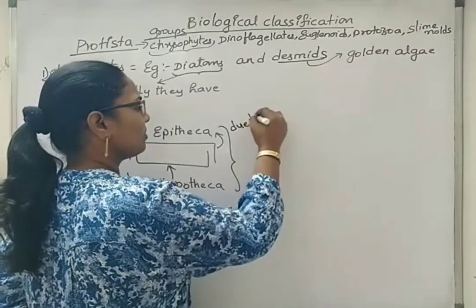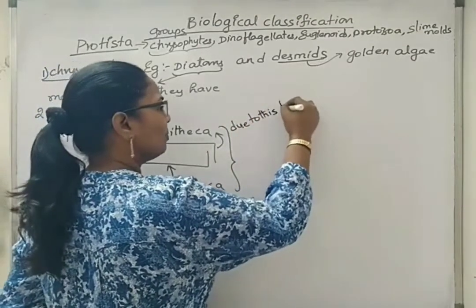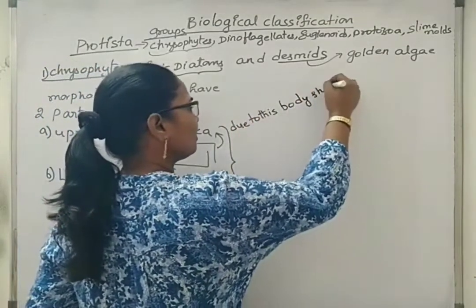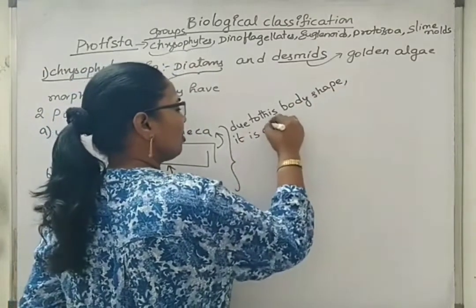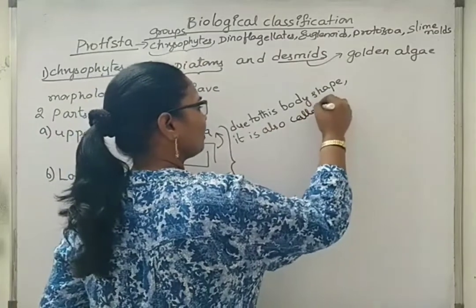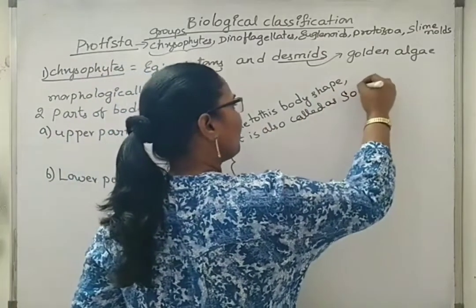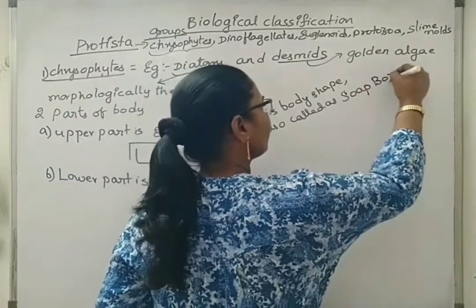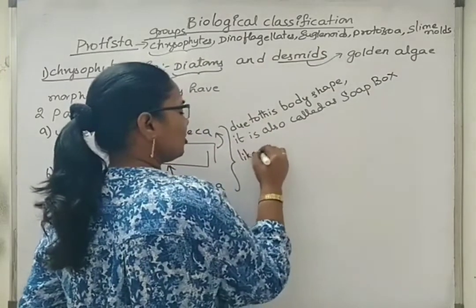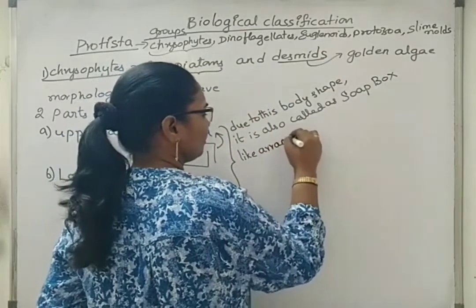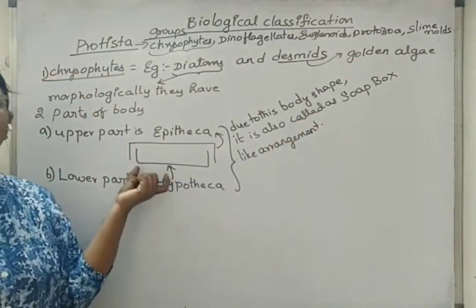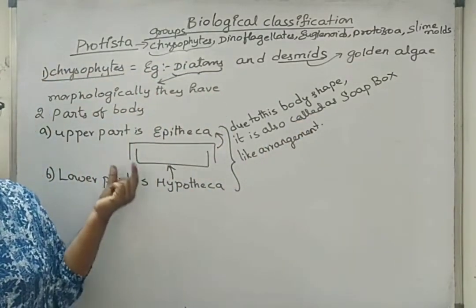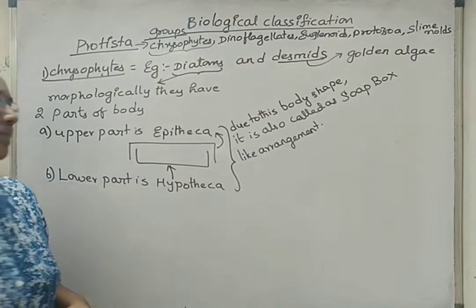Due to this body shape, it is also called a soap box like arrangement. Next, the total body of diatoms is made up of silica.